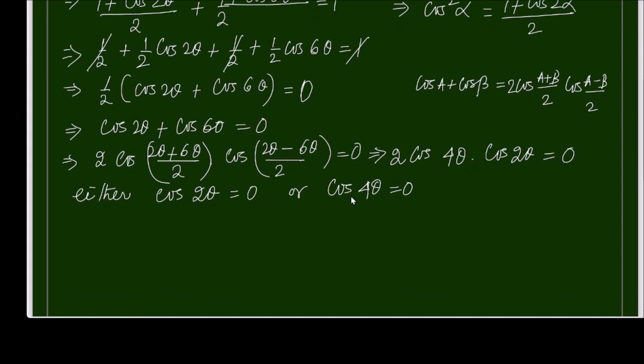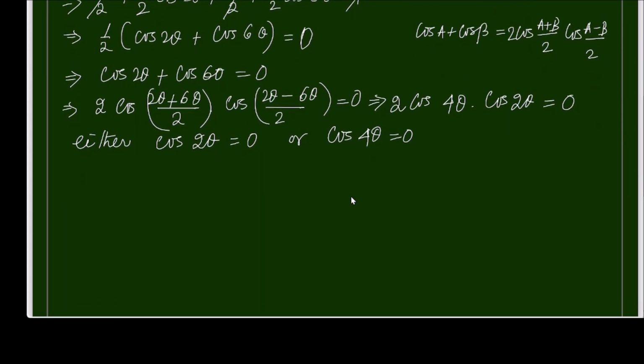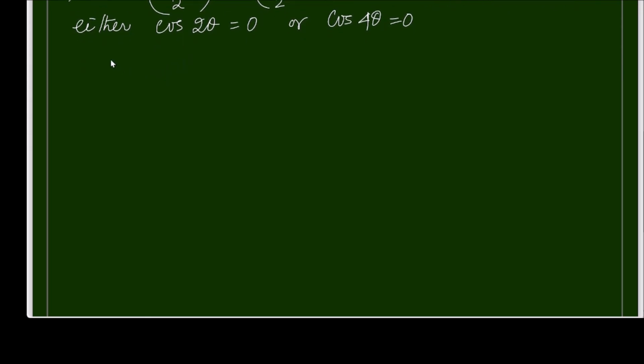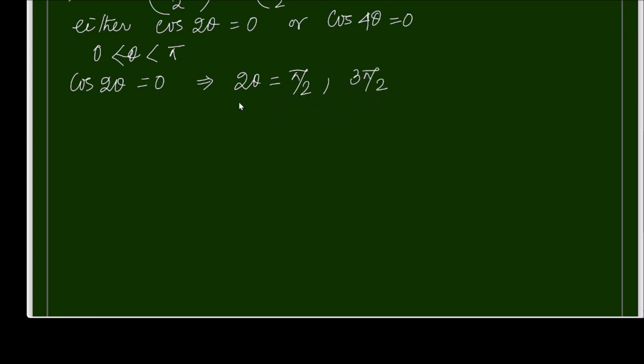So to solve it, we have to take care of this interval. Theta is 0 to pi. So cos 2 theta is 0. That means 2 theta is equal to pi by 2. At pi by 2, cos 2 theta becomes 0, or it will be 3 pi by 2. 2 theta is equal to pi by 2 or 3 pi by 2.